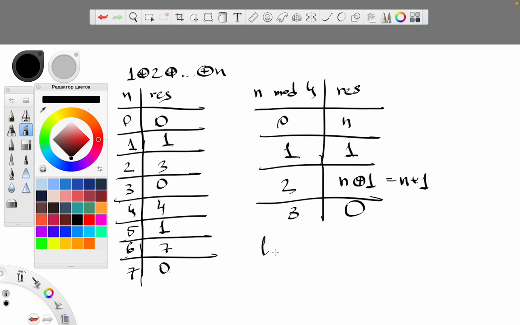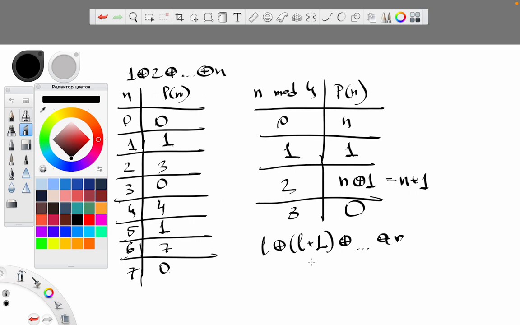So we are looking at some segments. Let's call this p of n, for prefix. So it's the prefix XOR up to n inclusive.